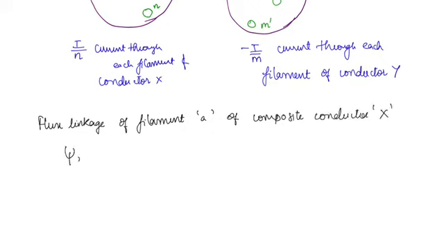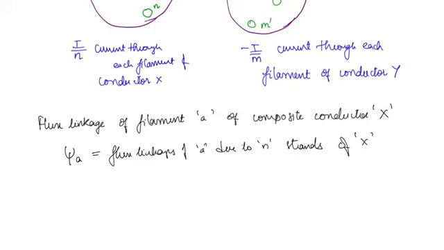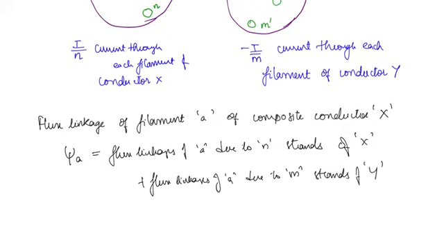This is going to be psi A, which is equal to the flux linkages of filament A due to n strands of conductor X, including itself, plus all the flux linkages of A due to m strands in conductor Y. Now what will be the first term in this?